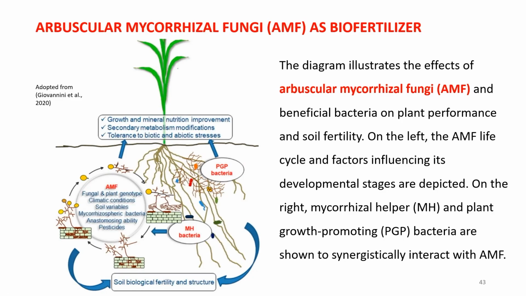As you can see, overall these AMF lead to growth and mineral nutrition improvements, then secondary metabolism modifications, and also tolerance to biotic and abiotic stresses, as you can see in this diagram. And overall they help in improving the soil biological fertility and the soil structure.